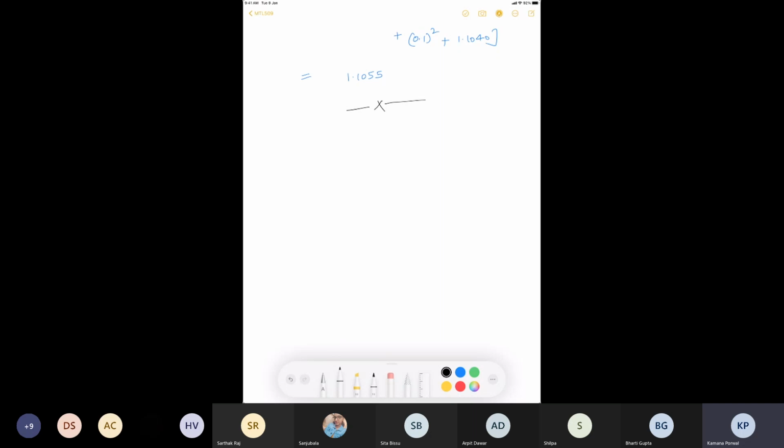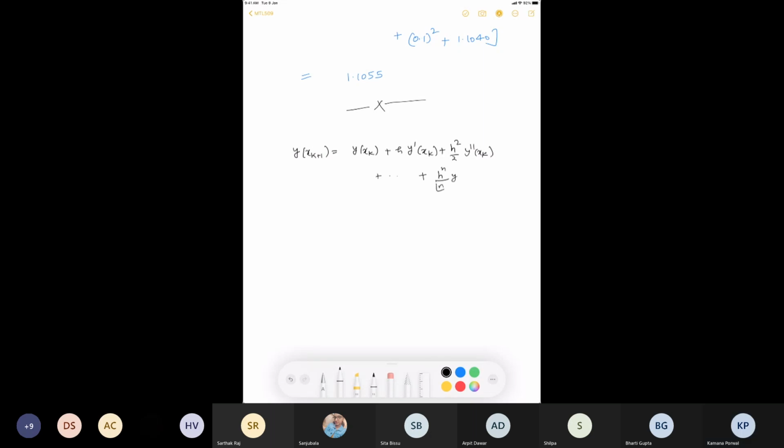For example, you used it in deriving Euler's formula: y at x_{k+1} is y at x_k plus h times y prime at x_k plus h square by 2 y double prime at x_k, and likewise. So you say that I do not truncate it after the h square, I truncate it after the h raised to power n.